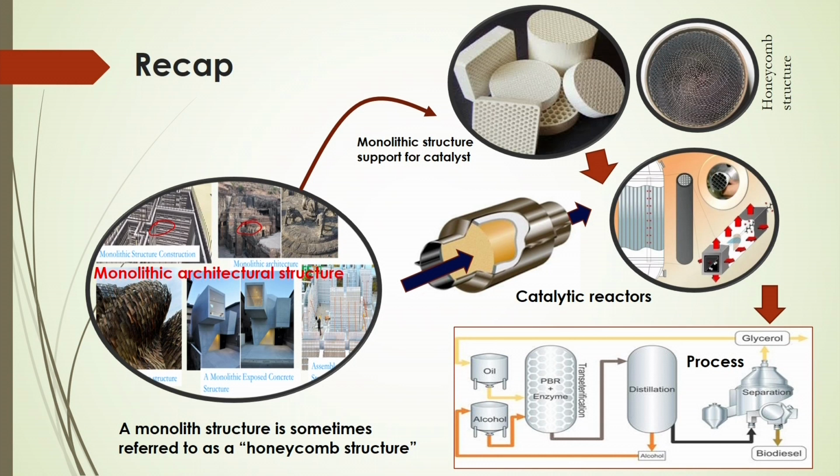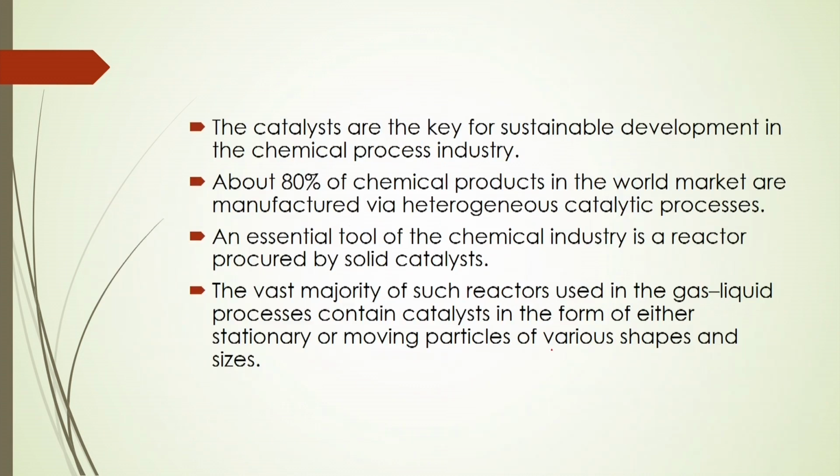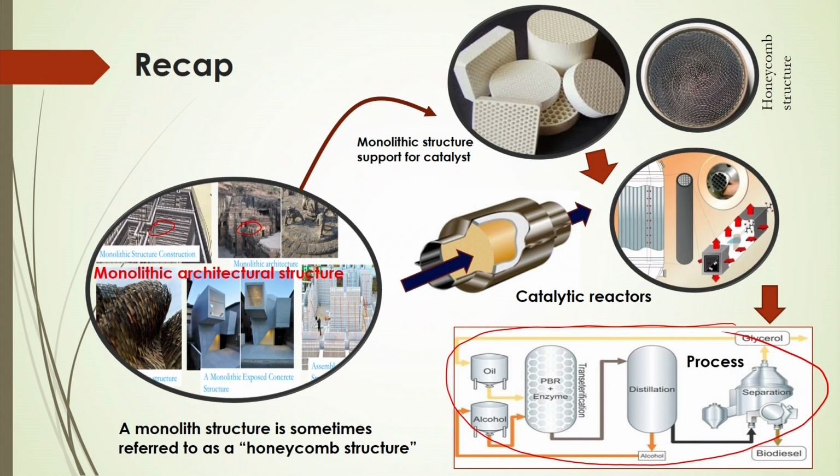And after the reactor is developed, how the chemical engineering process can be applied is shown in these slides. A typical example is biodiesel production, where the transesterification reaction is done on this monolithic catalytic reactor.